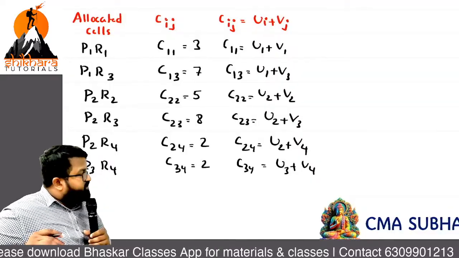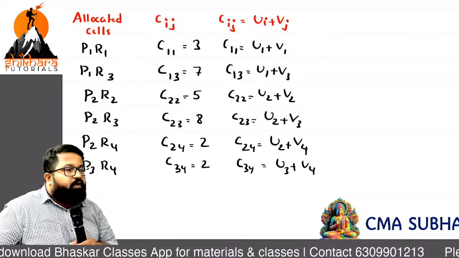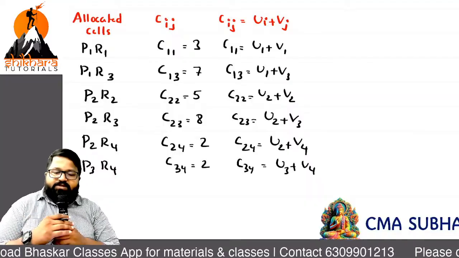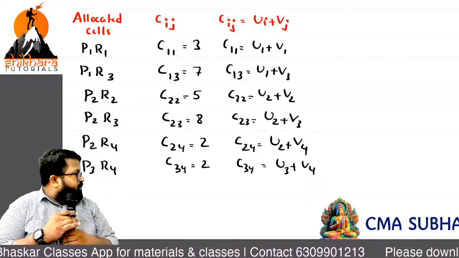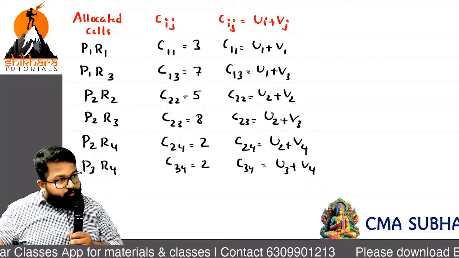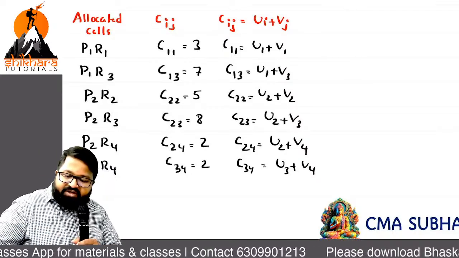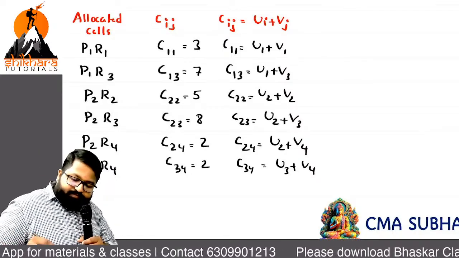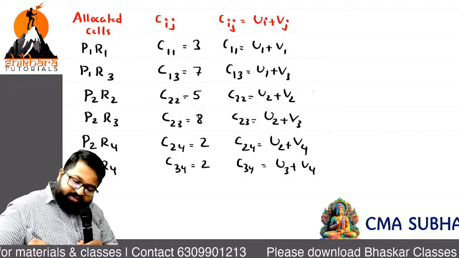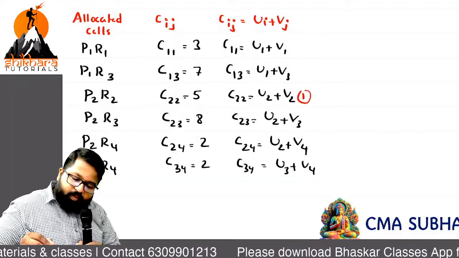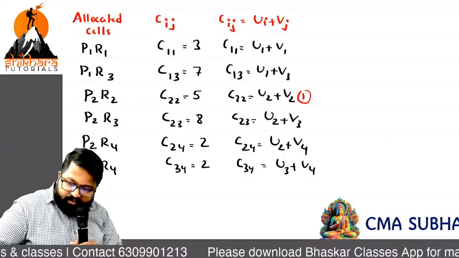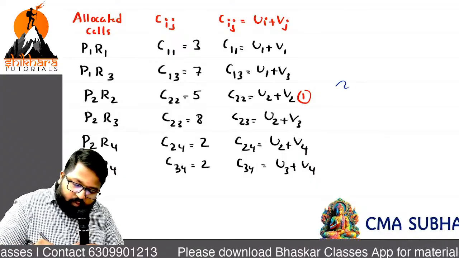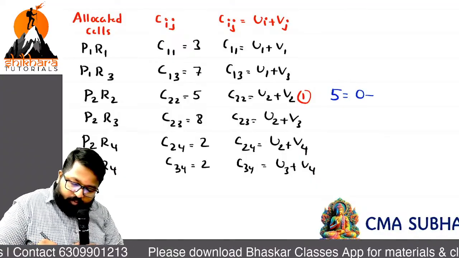Now, can we solve these equations? What is the base point for us? U2 is equal to 0. It is available in which equation? The first. That is, this equation is taken as first. By solving that equation, 5 is equal to 0 plus V2.